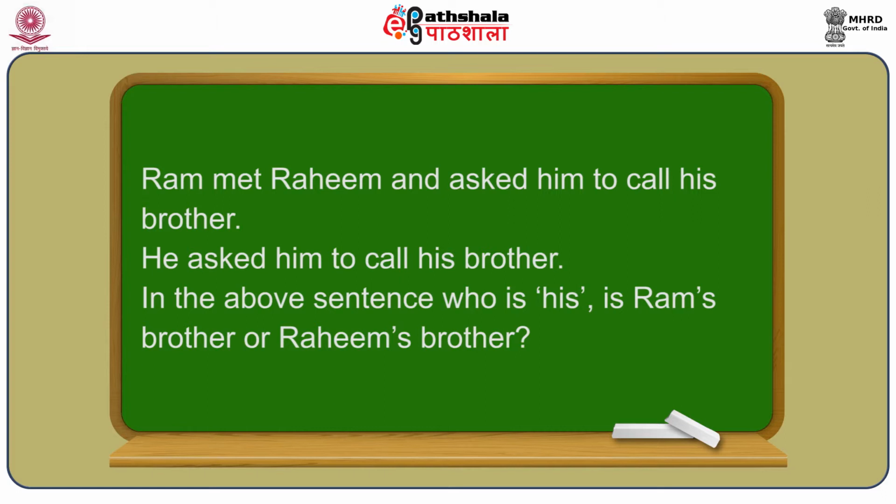So in anaphoric analysis, if Ram is marked as I and Rahim is marked as J, then his has to be marked as either I or J accordingly. If Ram is asking Rahim to call Ram's brother, then this should be marked with I. Or if Ram wants Rahim to call Rahim's brother, then it should be marked with J. In the text, there are many such situations where these kinds of constructions are easily available.